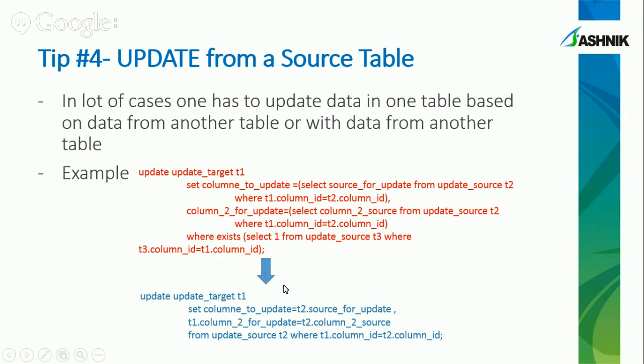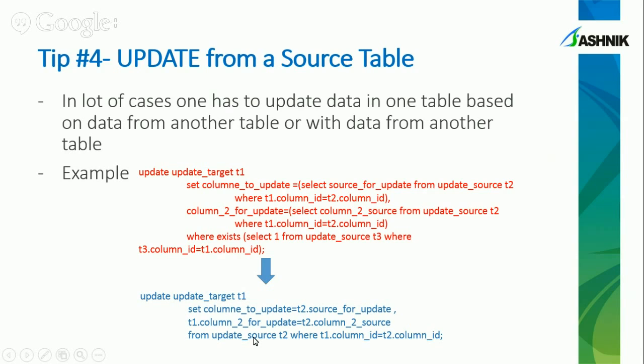This query can be easily translated into a much simpler form, because very few people know that PostgreSQL supports a different form of update statement, which is update from, and you can use your source table in the from clause.